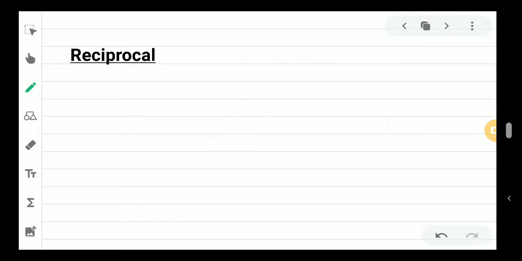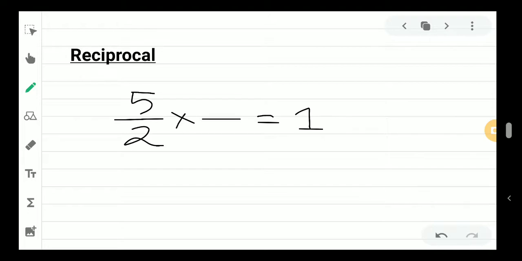Now let us see the reciprocal. What is the reciprocal? If I write, let us say, 5 by 2, now you tell me, with this 5 by 2 what can I multiply so that the answer becomes 1? Come on, think of it. Somehow if we cancel this 2 and cancel this 5, then we will get 1.